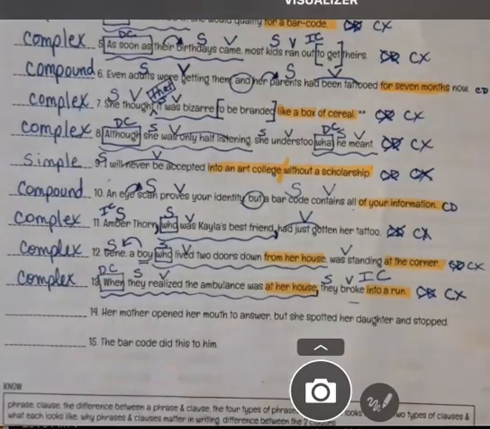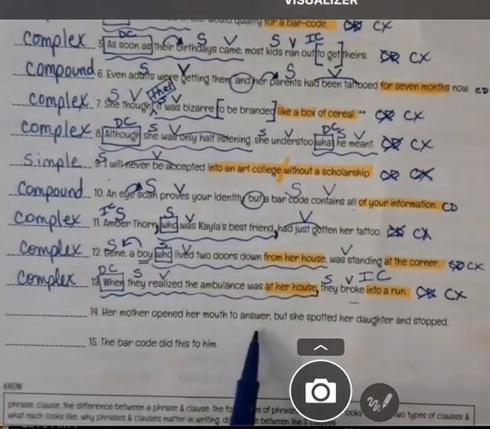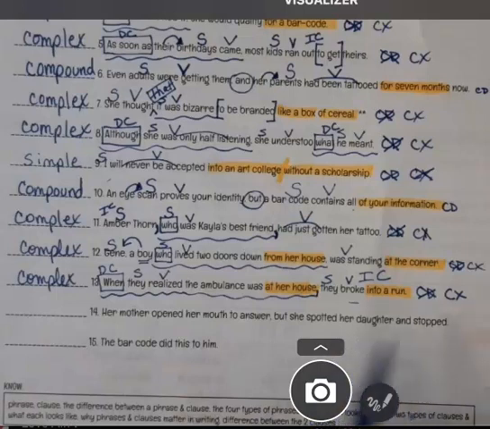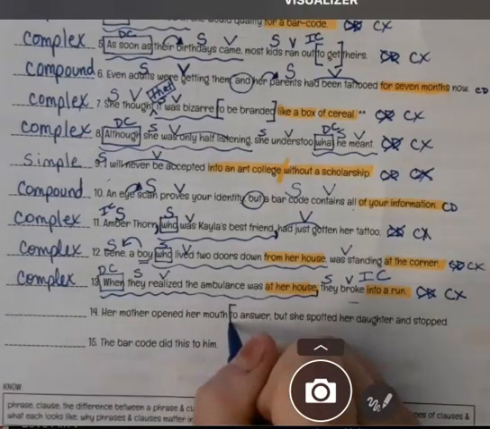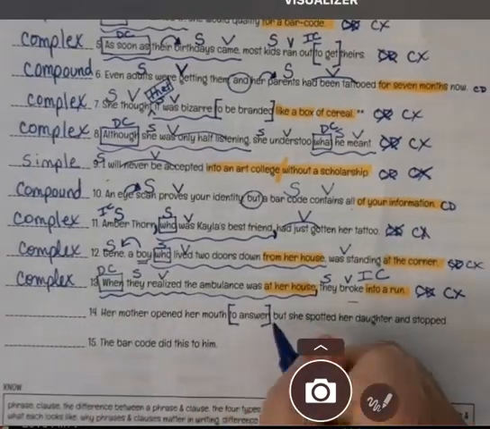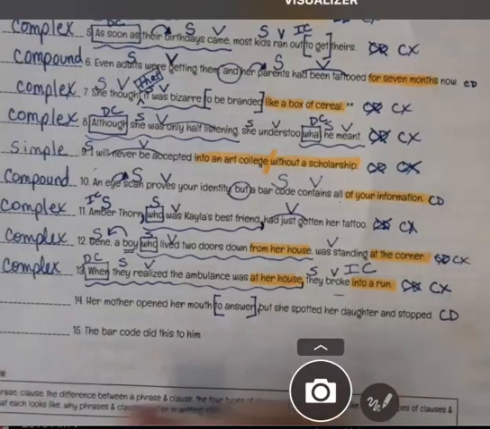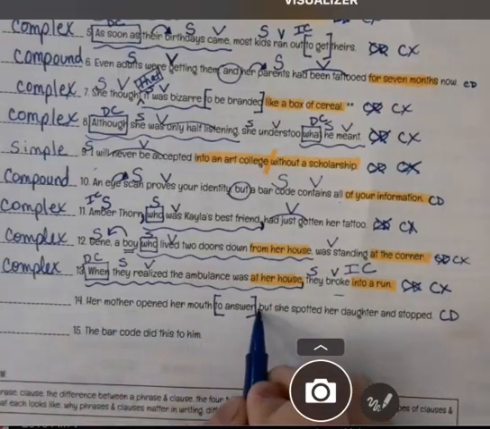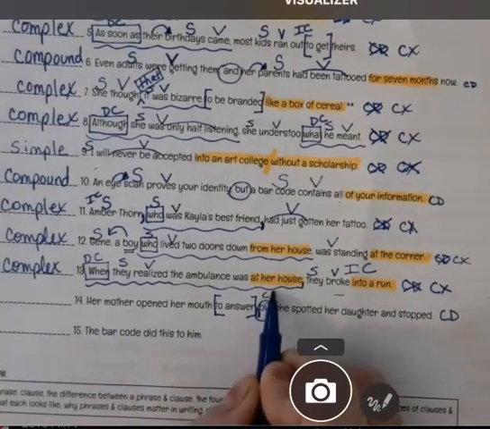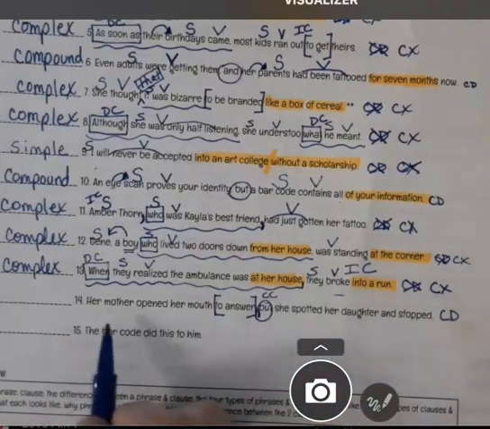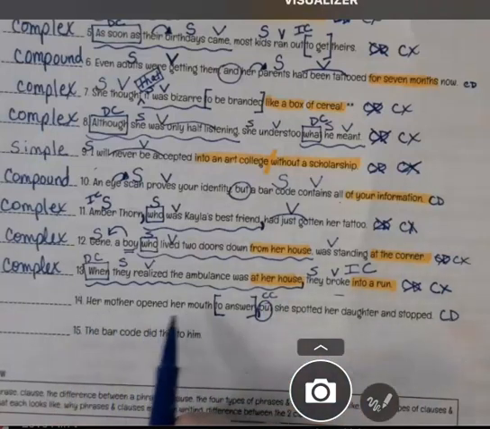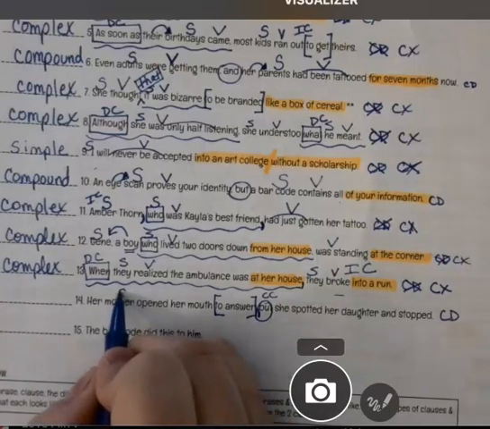sentence. Her mother opened her mouth to answer, but she spotted her daughter and stopped. So I see an infinitive, to answer. Oops, I erased my comma there. So now I'm going to look for compound. Do I see a comma conjunction, comma, but? I do. So let's see if there's a subject and a verb on both sides. Her mother opened her mouth. The sentence is about her mother.